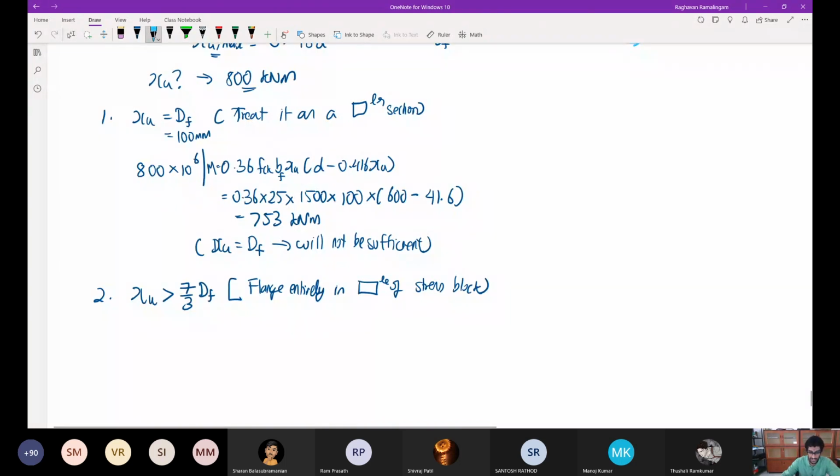Meaning that, if I write once more here, just to rekindle your memory, I have the T section and my stress block is like this, where this flange is entirely in the rectangle, it is not in the parabola. So this happens when XU is at least 7/3 DF or more than 7/3 DF. So with this assumption, we can make one more attempt.